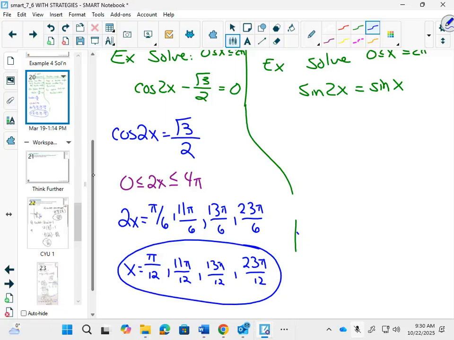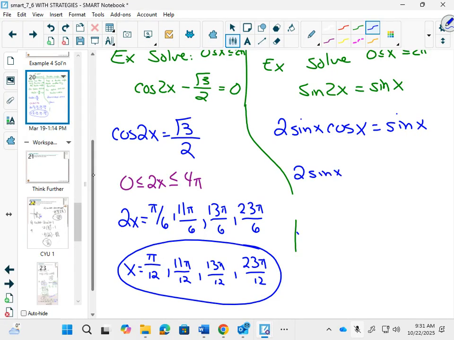If you have a double angle identity and another trig function, this is one where you would use the double angle identity. So I change the sine 2x to 2 sine x cos x. And then you might be tempted to divide by sine x. So if you're tempted to divide, factor instead.